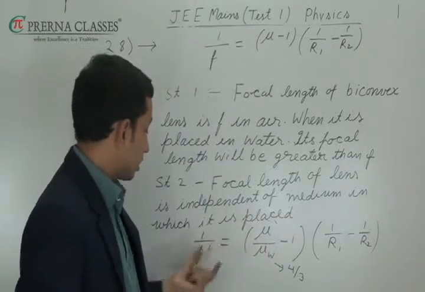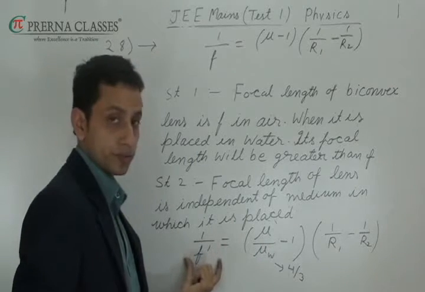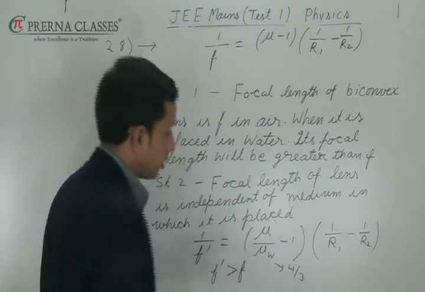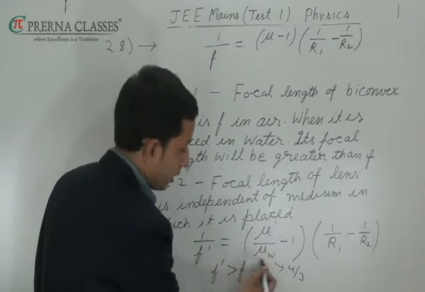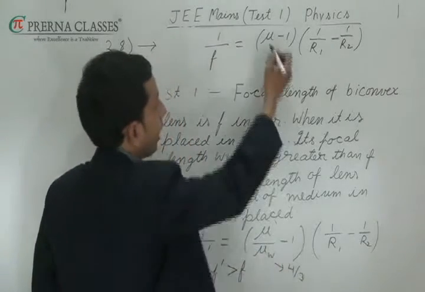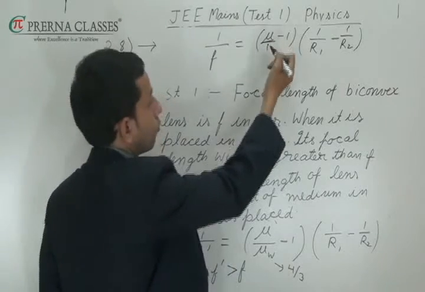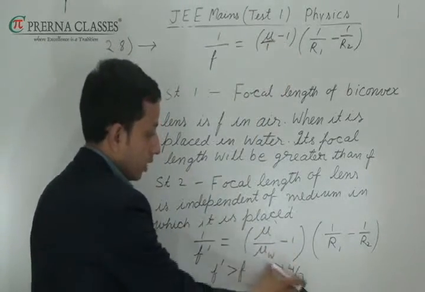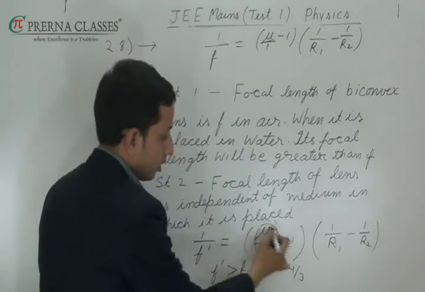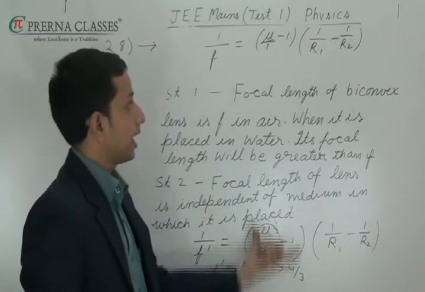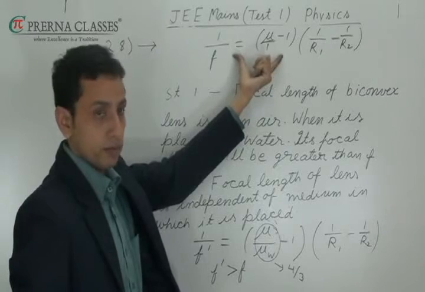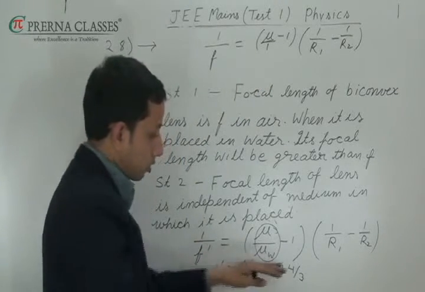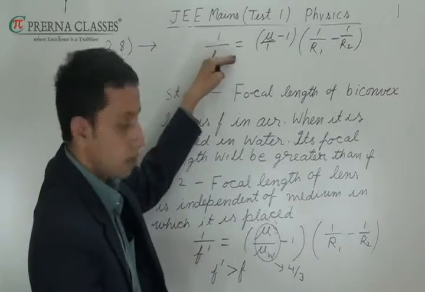If this is less, f dash will be more. So f dash is more than f. Why is it more? Because in the denominator we have a larger quantity here, and in the earlier one in the denominator we have 1. So f dash will be more here, and here focal length will be less.